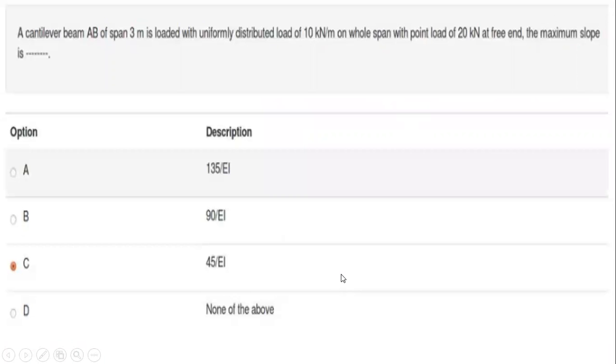Next MCQ. A cantilever beam AB of span 3 meter is loaded with a UDL of 10 kilonewton per meter on the whole span with a point load of 20 kilonewton at the free end. Now here they have given two standard loading conditions.